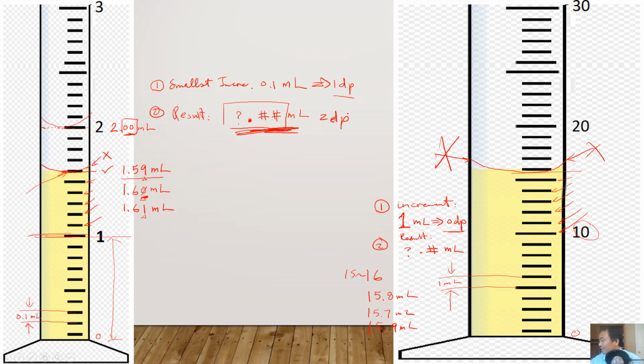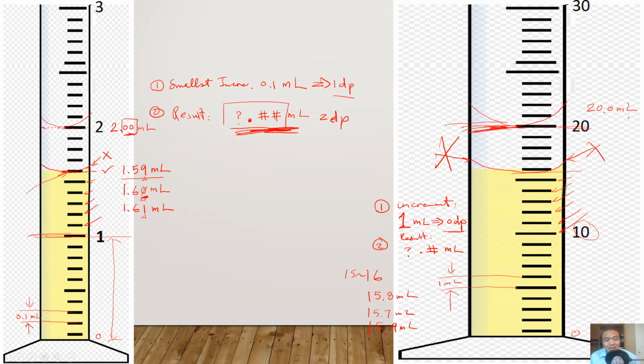On the right side, let's say it's right on 20 for the lowest point. Let's exaggerate the meniscus a little bit. All right. So if it's right on this line, you would be reading this as 20.0 milliliter.